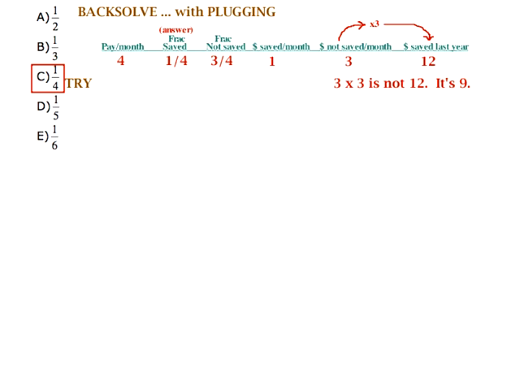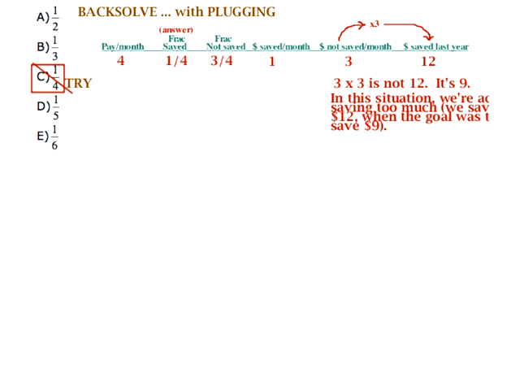In this situation, we're actually saving too much. We saved $12 when the goal was to save 9. If you realize that quickly, that's enough to cross off 1/4 and also the fractions that are bigger.